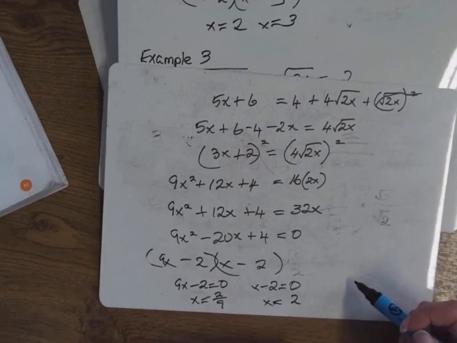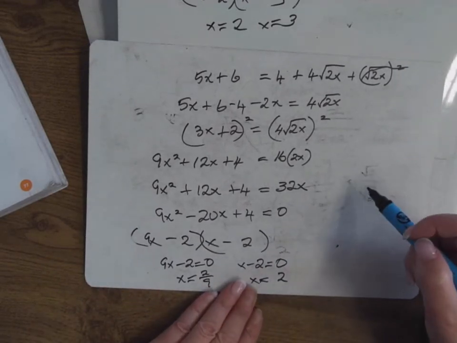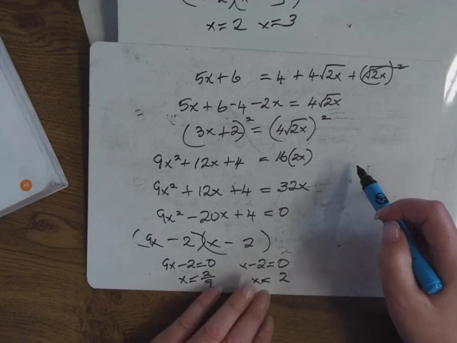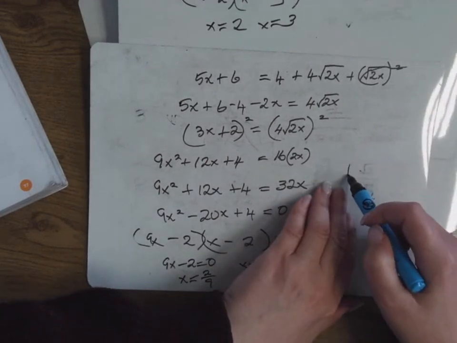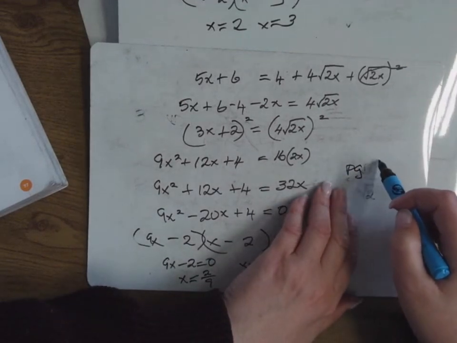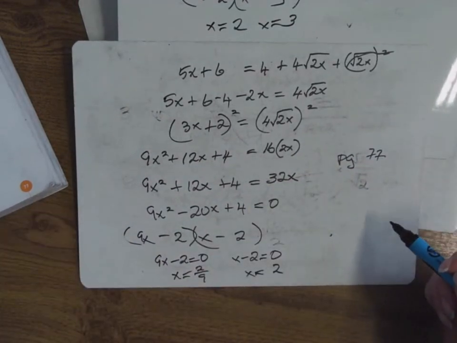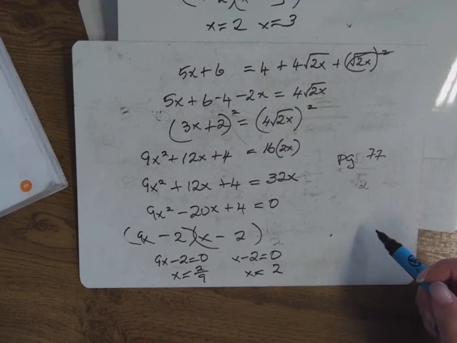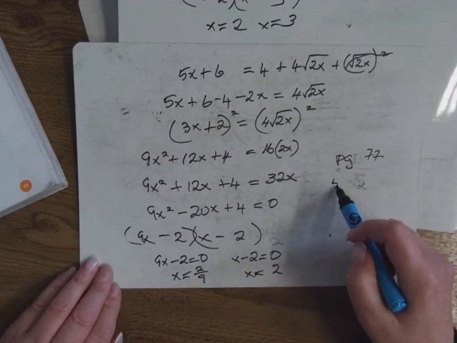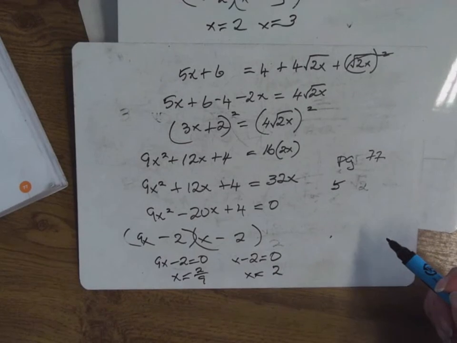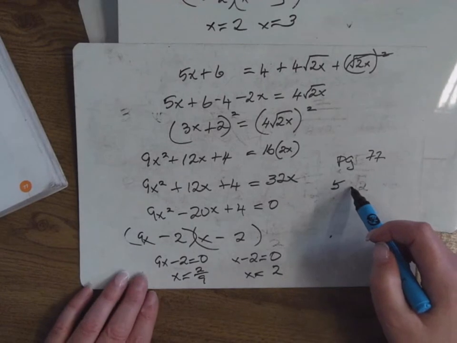Right, I think I'll give you a few of these to do and we can iron out the problems tomorrow. Okay, so we'll do page 77. Question 5, I'm after doing one of those now. Which one did I do? Except part 1 and 4.